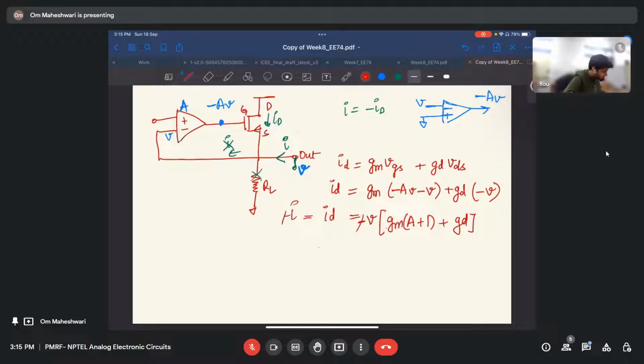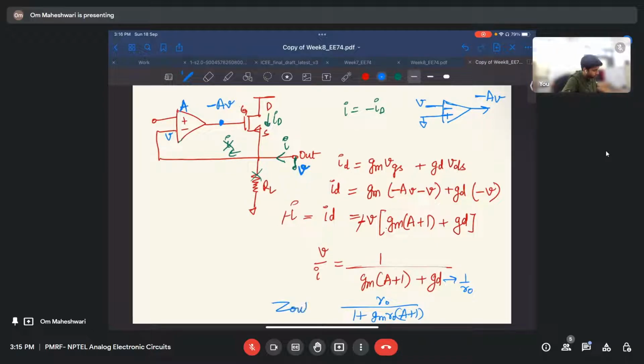So V by I equals 1 upon (GM (A plus 1) plus GD). Or if you want, you can replace GD by 1 by R naught. So you will get R naught divided by (1 plus GM R naught (A plus 1)). Okay, this is Z out.